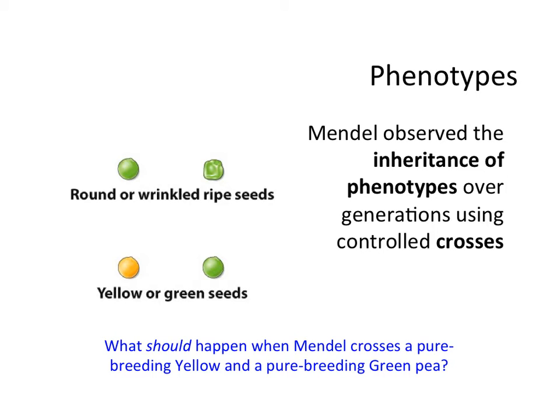So dominance. So if you didn't know anything about genetics, what would happen if you crossed a yellow pea and a green pea? What did Mendel think would happen? You'd get half, so half yellow, half green. Each pea is half yellow, half green? Right down the middle? It could, no, I'm serious.